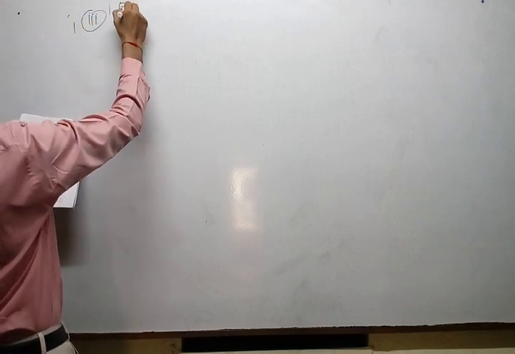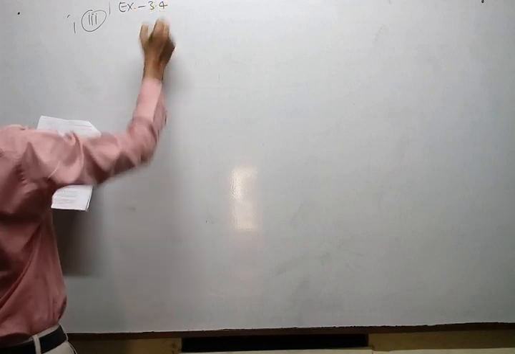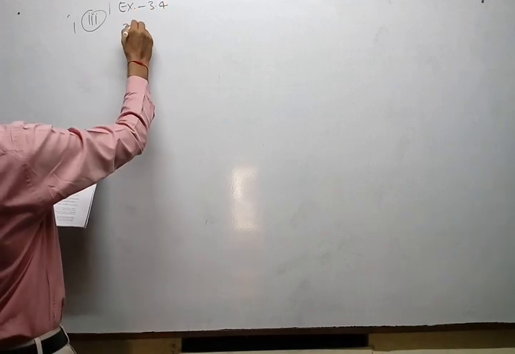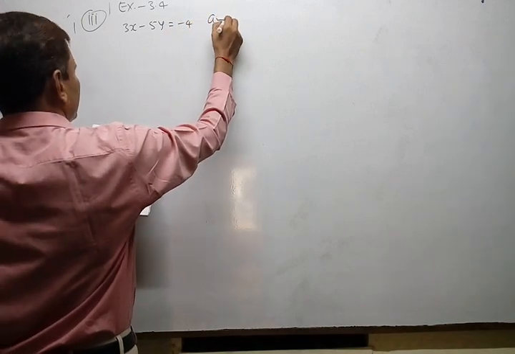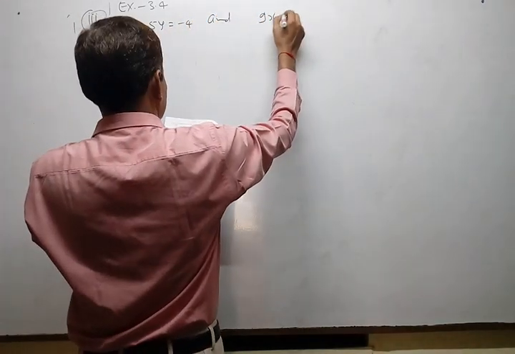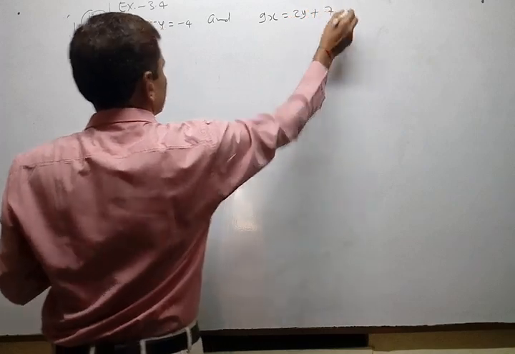Okay, exercise 3.4. 3x minus 5y equal to minus 4 and 9x equal to 2y plus 7.